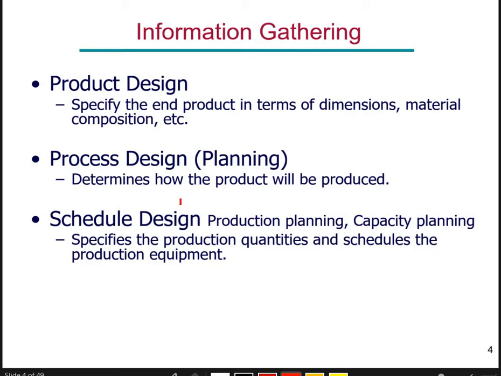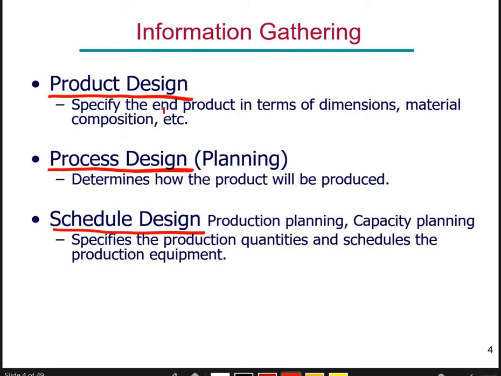Okay? So we will be gathering information from these 3 items as a facilities designer. We will get some information from product design, we will get some information from process design, and we will get some information from schedule design, and we will be using this information in facilities design.